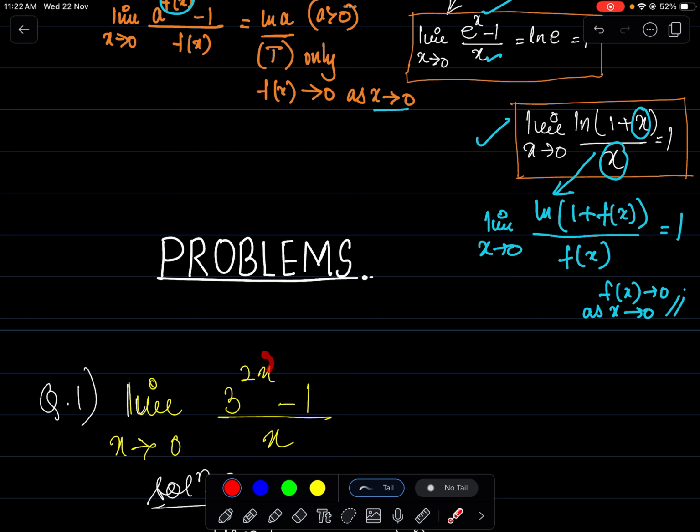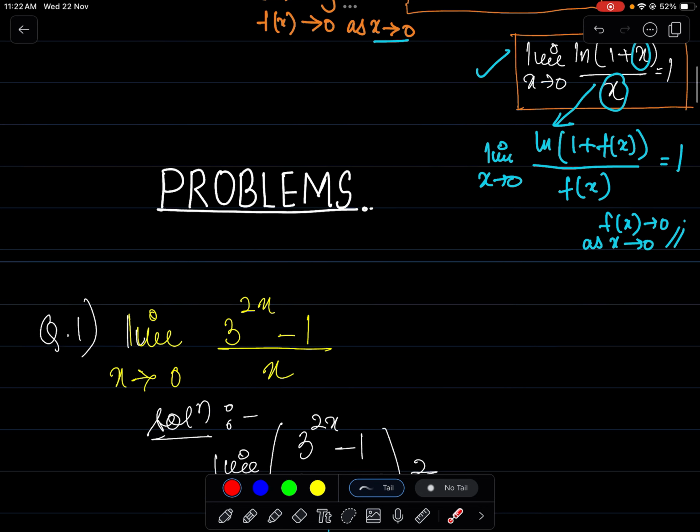Also, you will notice that the power will go to 0 as x tends to 0, which is true. So, I can proceed with the a to the power x minus 1 by x formula, because I can always bring x in the denominator. That's not a problem, because I can always multiply and divide by x. You can add, subtract, multiply, divide, all of the basic operations you can do over here as well.